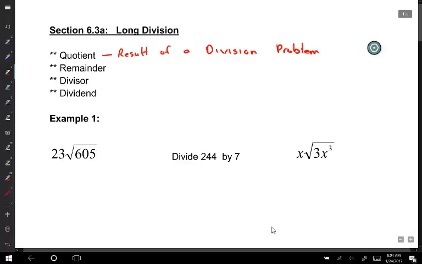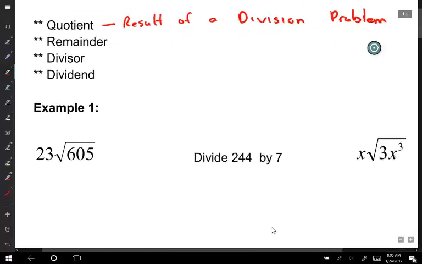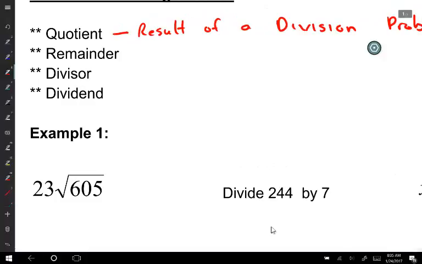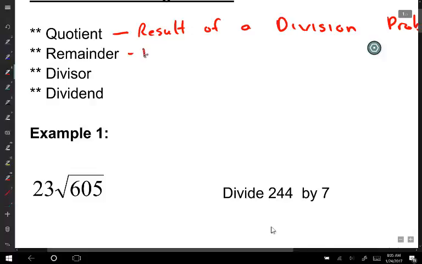Okay? Somebody else, one of the other three. Give me what you remember. Anything. Simon. Remainder is what's left over after dividing. Okay. What is left over at the end, right?